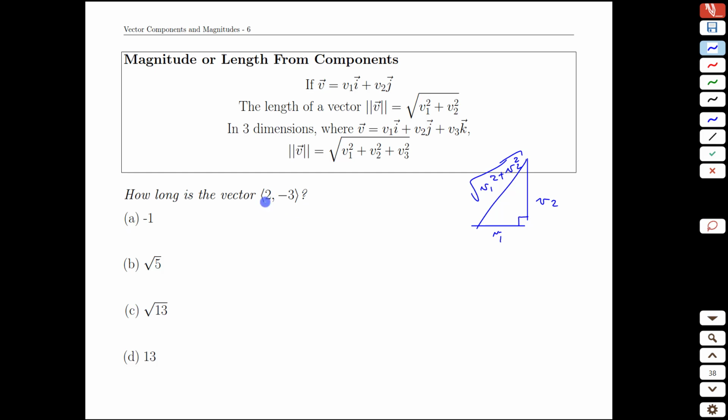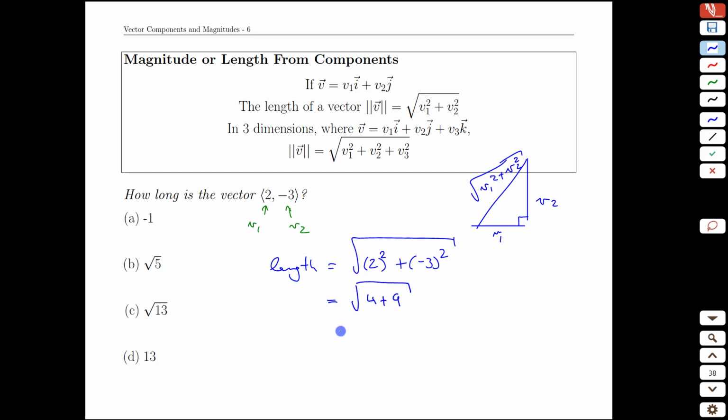All right, well, if our vector is 2, minus 3, then that in this idea here is what we called v1 and v2, the scalar values. And so the length is simply the square root of 2 squared plus negative 3 all squared. Notice, like with Pythagoras, we expect all the quantities to be positive by the time we're done because the square makes everything positive.